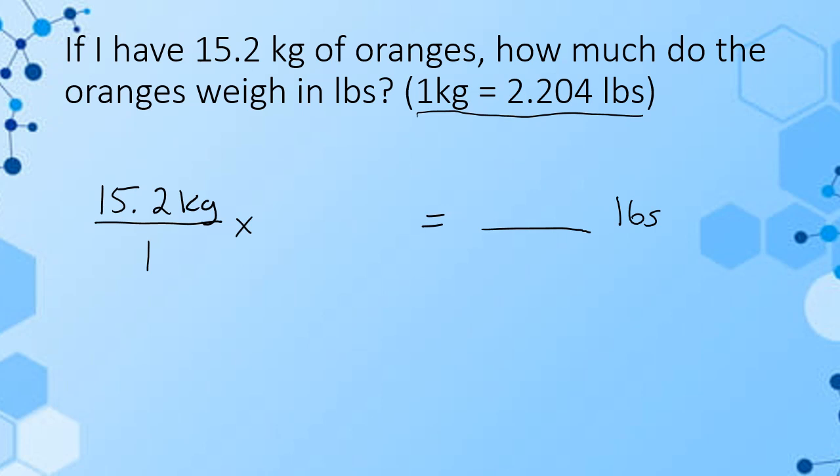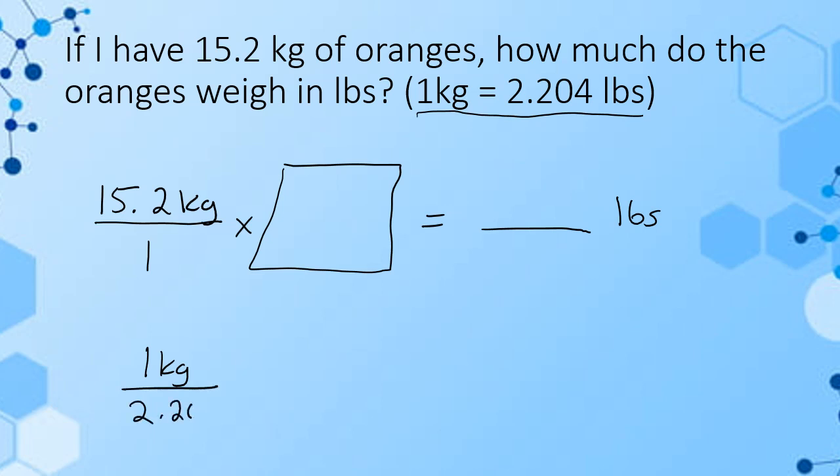I can place that conversion factor in this space, either in this configuration, 1 kilogram per 2.204 pounds, or I can write it as 2.204 pounds per 1 kilogram, or 2.2 pounds per kilogram, essentially. Remember, I want to choose the conversion factor that allows me to cancel out the kilograms because I don't want to be left with pounds in this case.